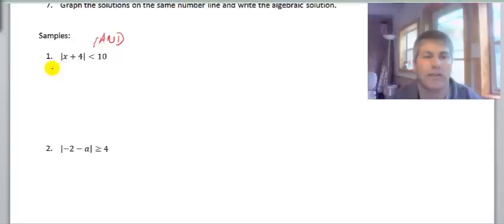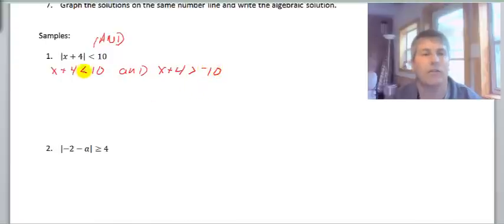So we do x plus 4 is less than 10, and x plus 4, dropping the absolute value bars again, change the direction of the inequality and take the opposite of the other side. Now I have my two problems to solve. We'll solve this one first. I'll subtract 4 from both sides, and we get x is less than 6.